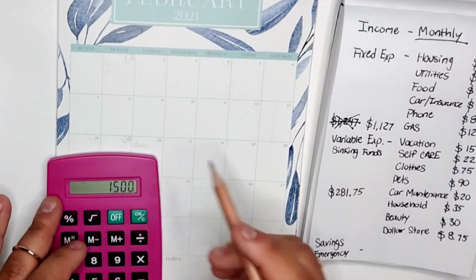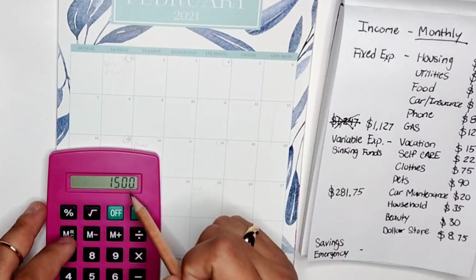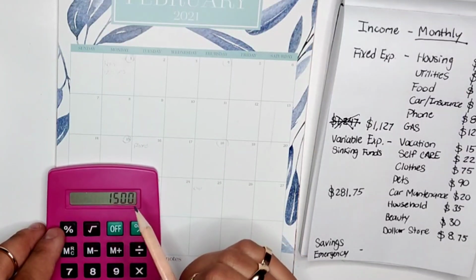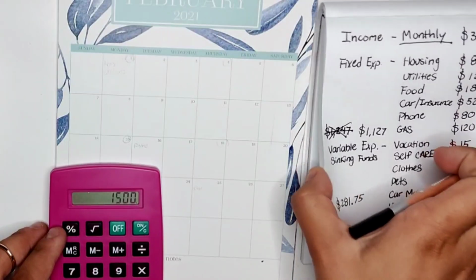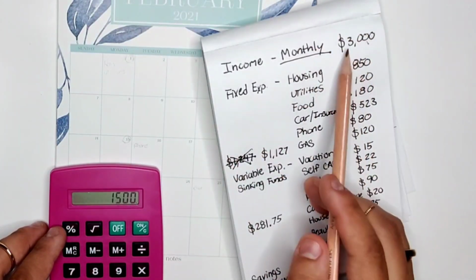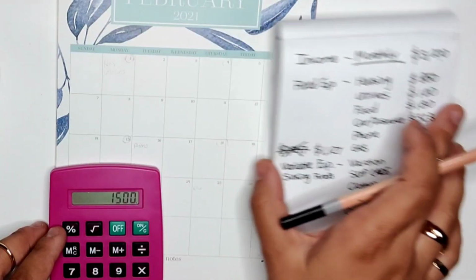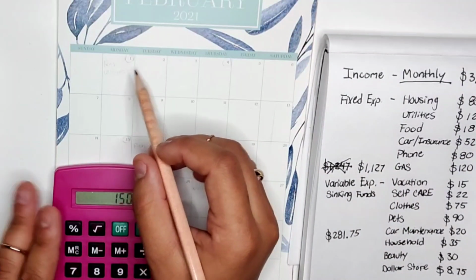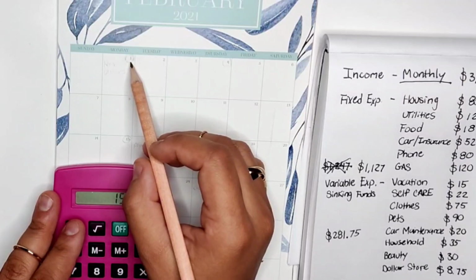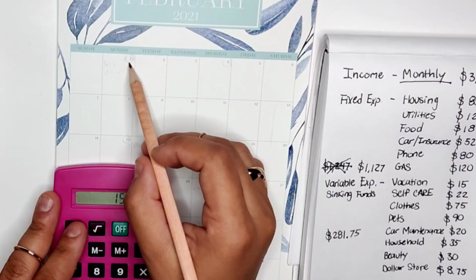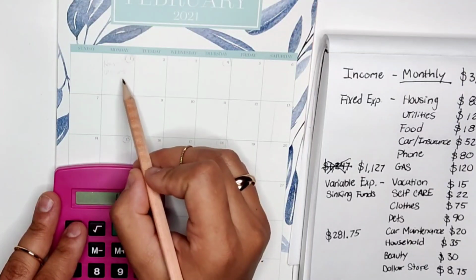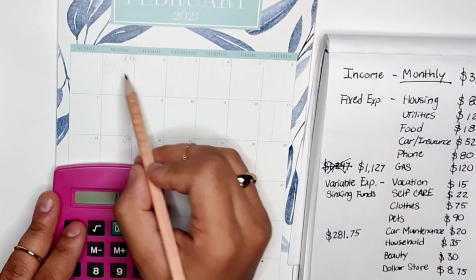Let's say that on the 1st you get paid $1,500 and on the 15th you get paid $1,500, and that is that $3,000 that we came out to monthly for this pretend person. And so how we're going to do this is, when you get paid on the 1st, that $1,500, you're also paying your house bill and your utilities.